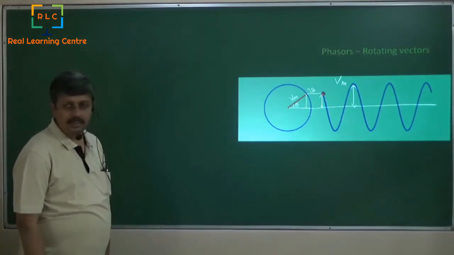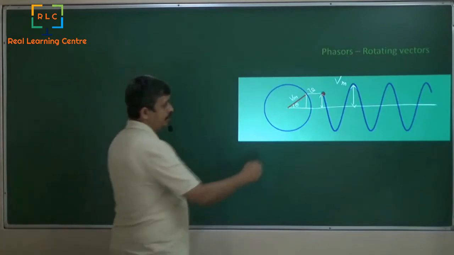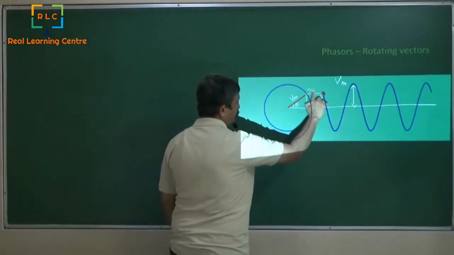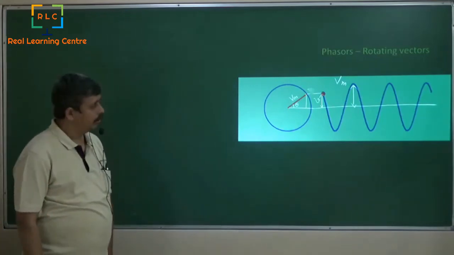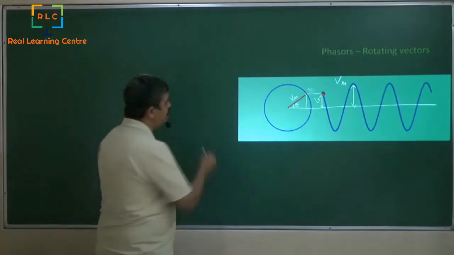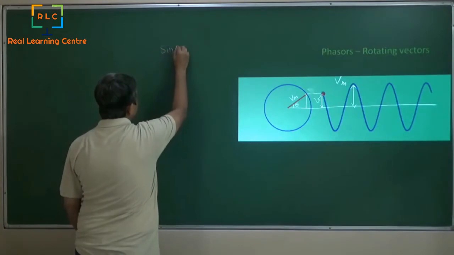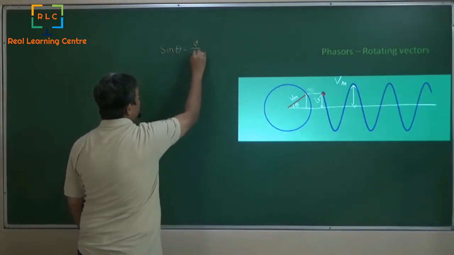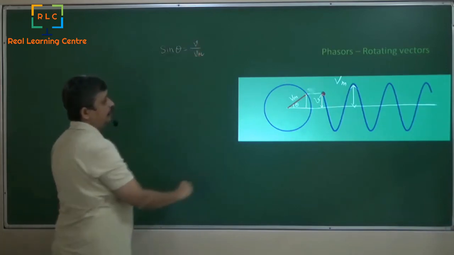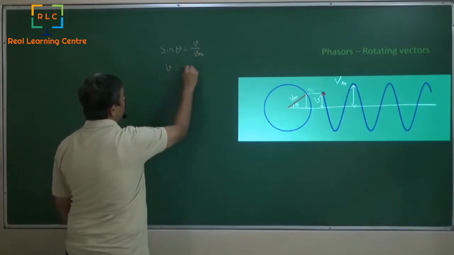You can see that sine theta is equal to V by Vm, or V is equal to Vm sine theta.